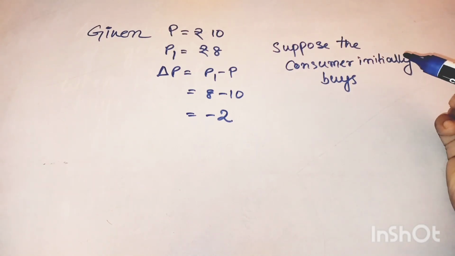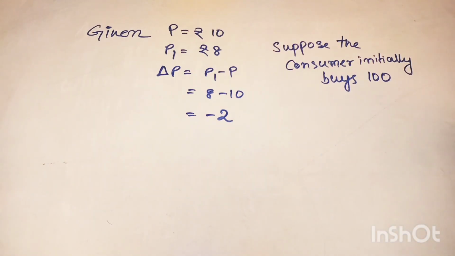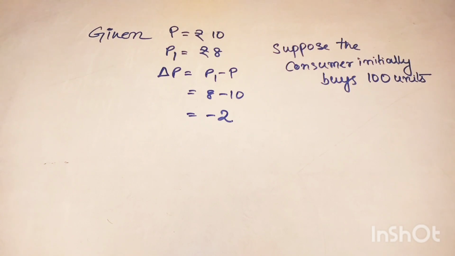So we will assume it as 100. We will assume that the consumer is buying 100 units of good. It is not told how many units the consumer is buying, so we will assume that the consumer initially buys 100 units. Now what will be the new quantity?